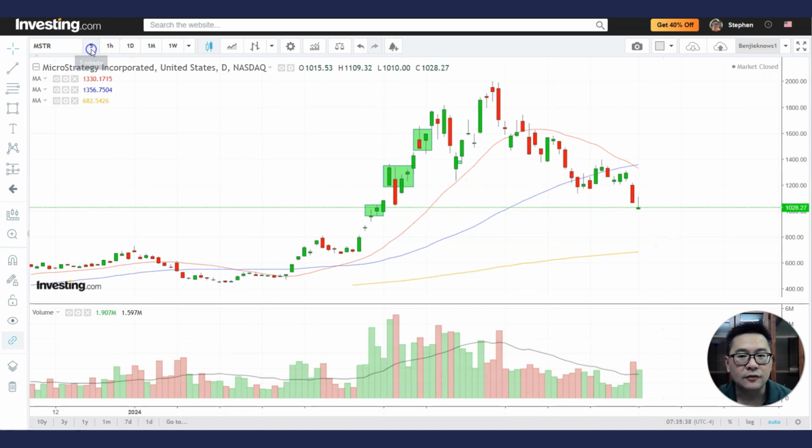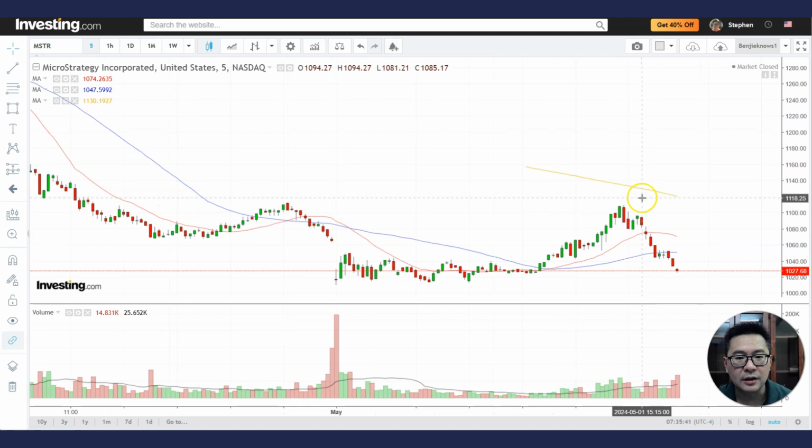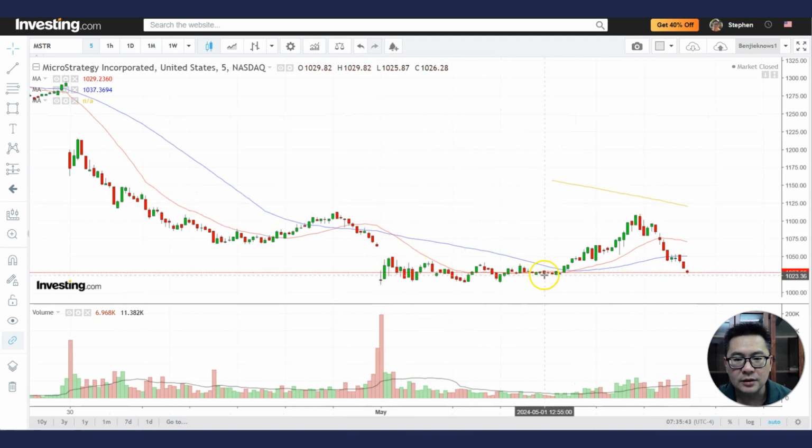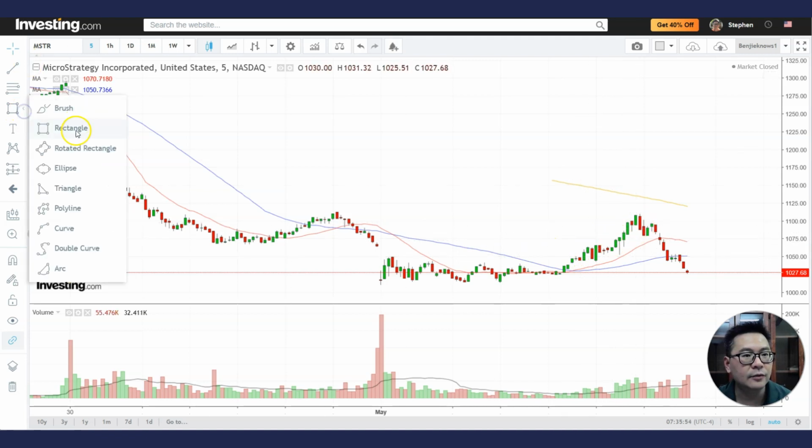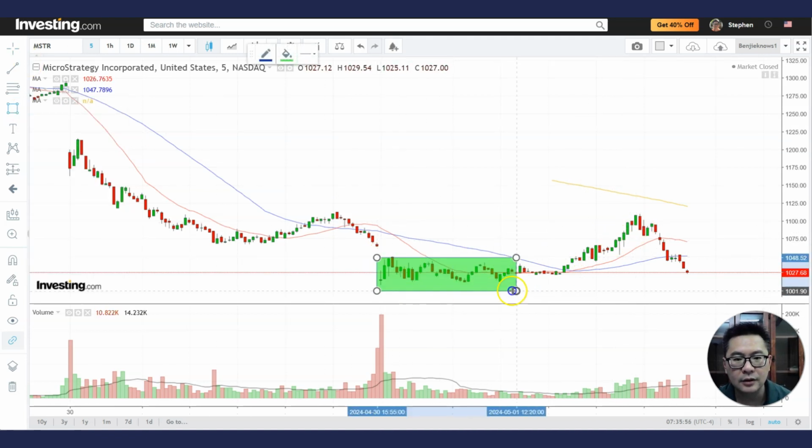Now let's take a look at the 5-minute chart and see what happened yesterday. The stock traded sideways a bit during the opening, and eventually along with the market, I think it went up. You can see that it traded sideways here, right?